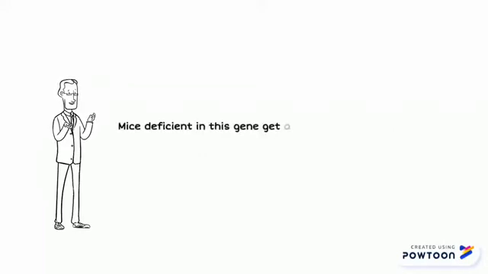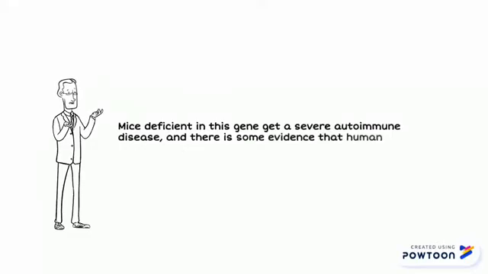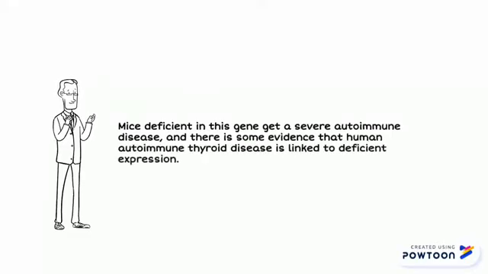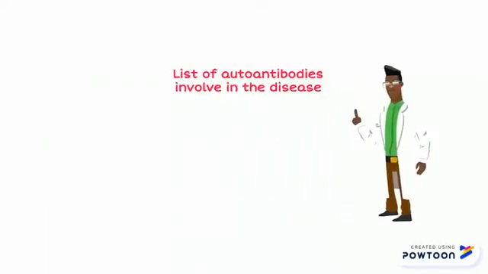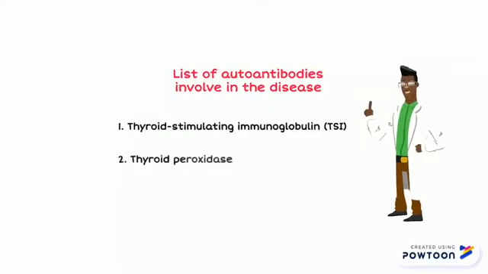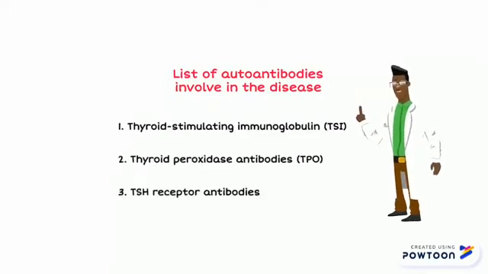Mice deficient in this gene get a severe autoimmune disease, and there is some evidence that human autoimmune thyroid disease is linked to deficient expression. The autoantibodies involved in the disease are thyroid-stimulating immunoglobulin (TSI), thyroid peroxidase antibodies (TPO), and TSH receptor antibodies.